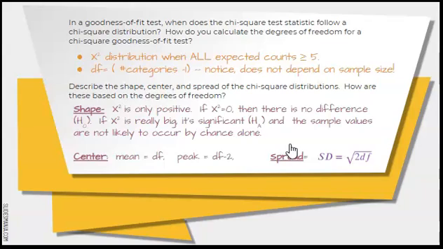As far as center, the mean is the degrees of freedom. And the peak, or the mode, would be degrees of freedom minus 2. Spread is this. These values right here, you're rarely going to see. They're not on the formula chart. They're not something you have to remember. But you just got to know that the shape is going to be right skewed, meaning that when you calculate a chi-squared value, it's always going to be a positive value.